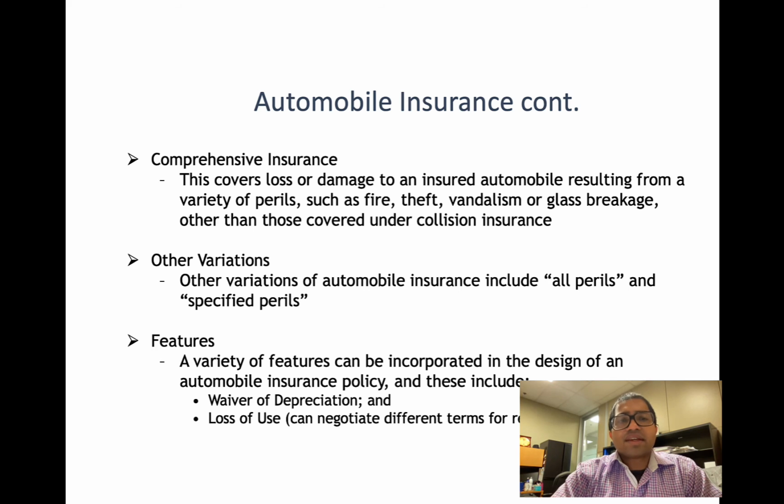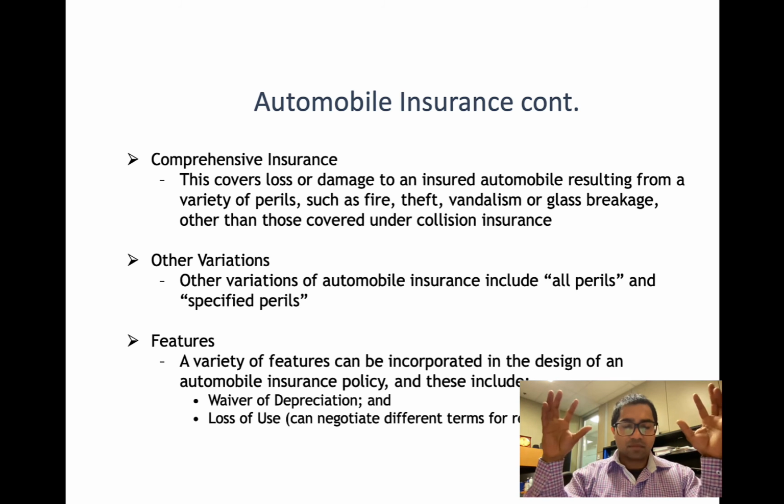Comprehensive insurance. This covers losses or damage to an insured automobile resulting from a variety of other causes such as fire, theft, vandalism, glass breakage, and other things that are not covered under collision insurance. So comprehensive means apart from collision, you are covered for other mishaps.